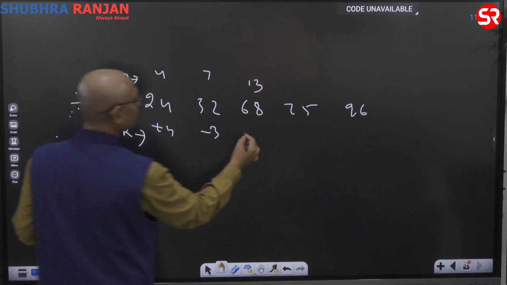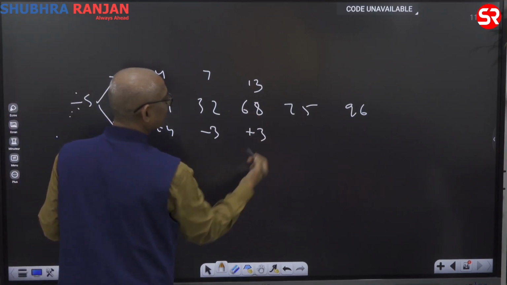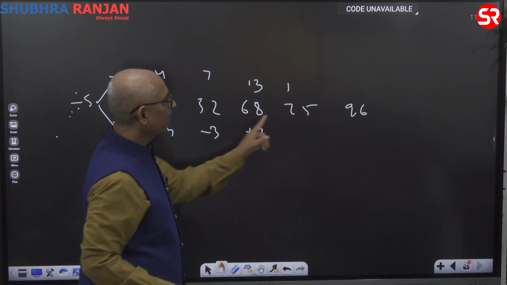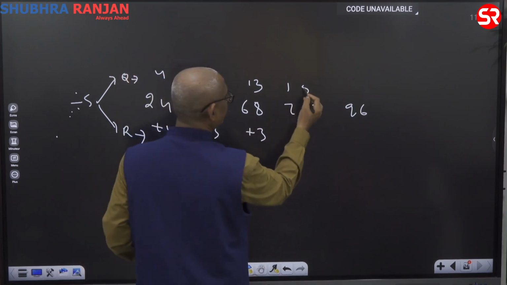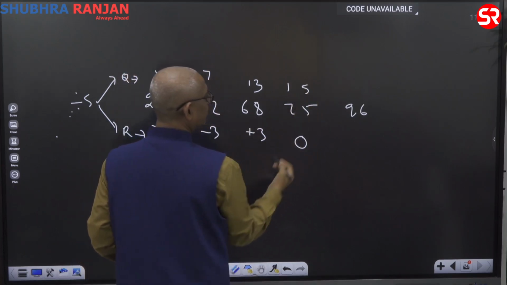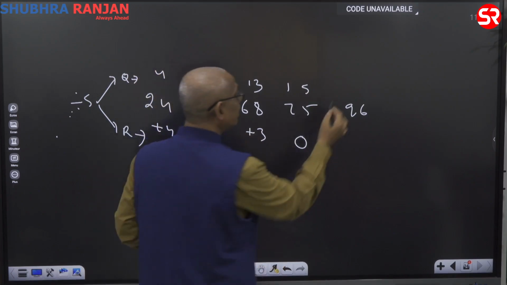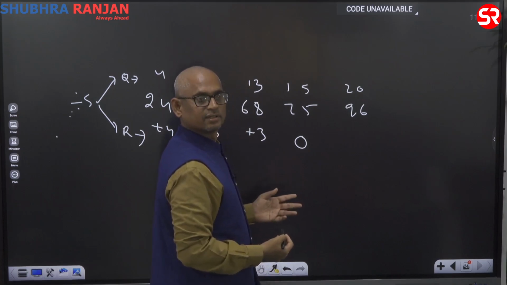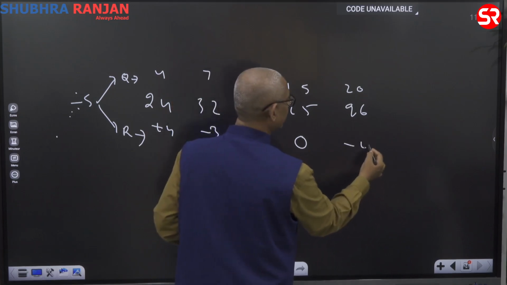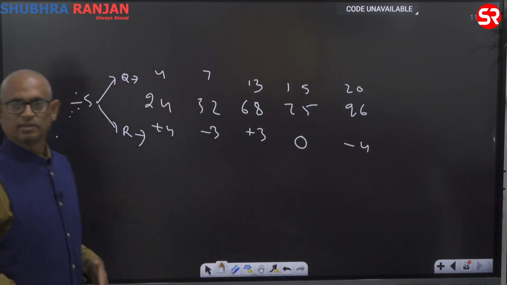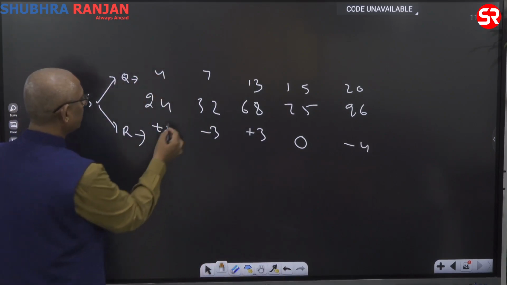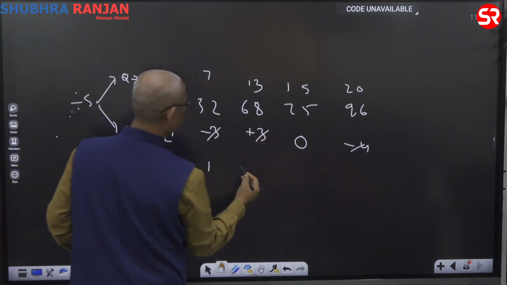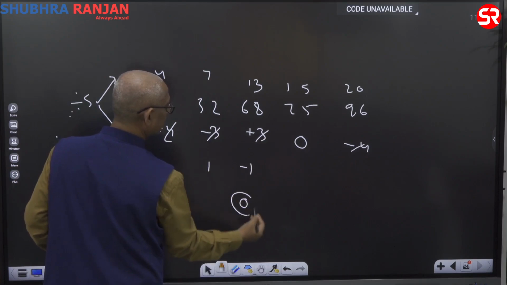The remainder is plus 3. Now 5 1s is 5 and 5 5s is 25, so the remainder is 0. Now 5 20s how much? 100. The remainder is minus 4. So my answer is 4 minus 3 is 1, 3 minus 4 is minus 1. Here the remainder is 0.